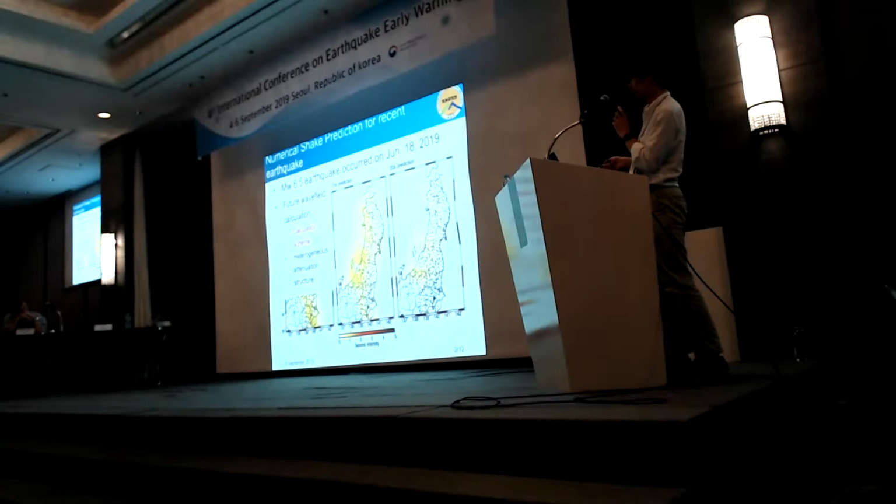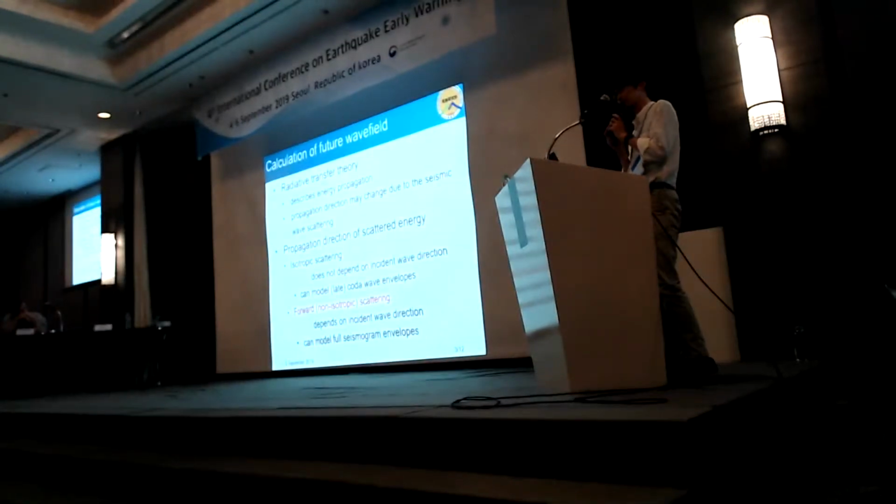In this talk, I focus on the calculation scheme. But we do not change the calculation scheme drastically. Same as Hoshiba-san's talk, I adopted the radiative transfer theory. The radiative transfer theory describes energy propagation, and the propagation direction of the energy may change due to seismic wave scattering. There are two forms of seismic wave scattering.